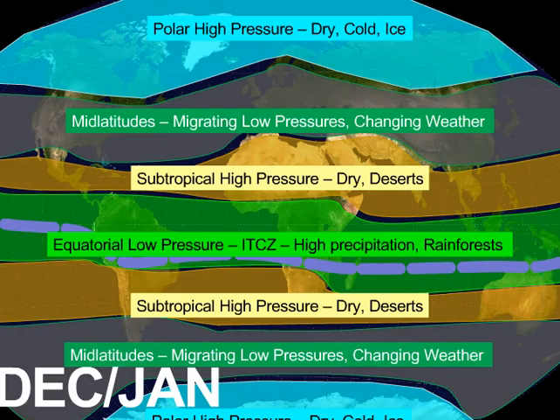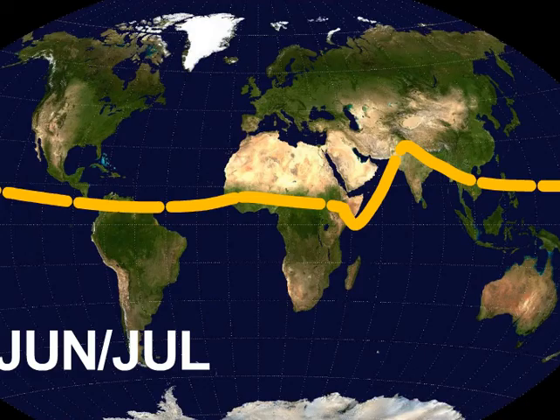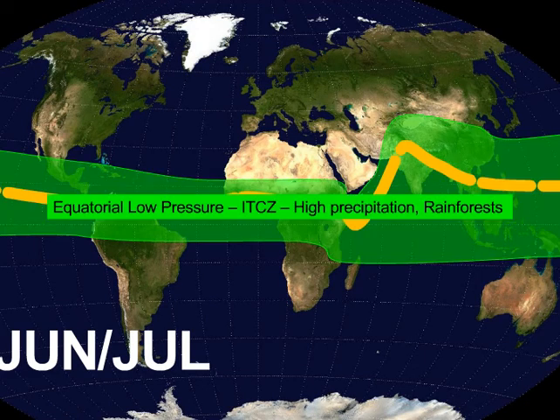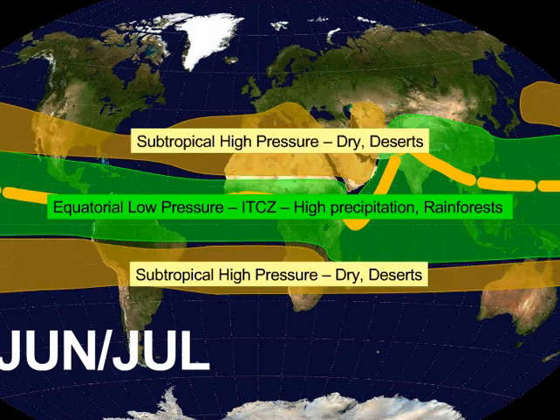So this here is the December and January pattern. Now let's look at June and July. All of this then migrates to the north. So we see a changing pattern. And so now that subtropical high pressure zone, which was just there in Central America, has now moved and is up there in the southern part of the United States and parts of Mexico.